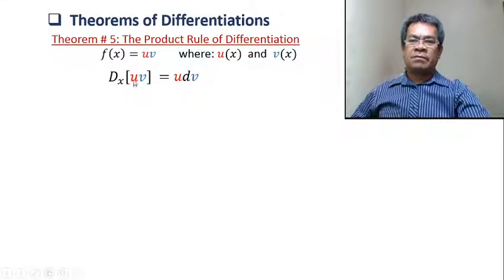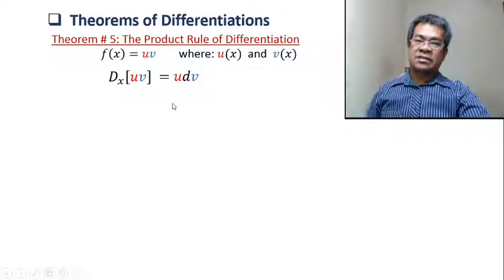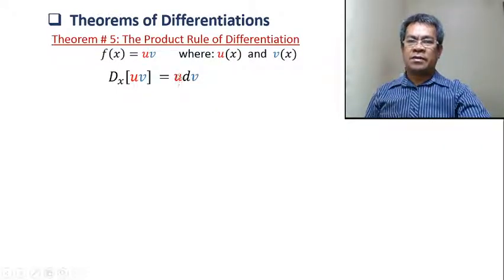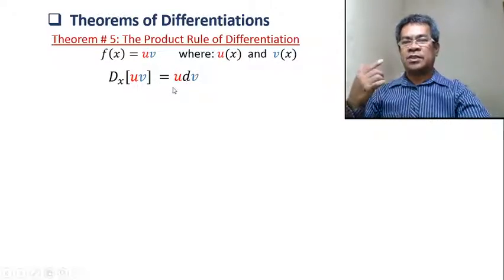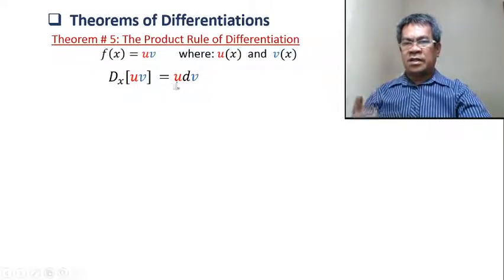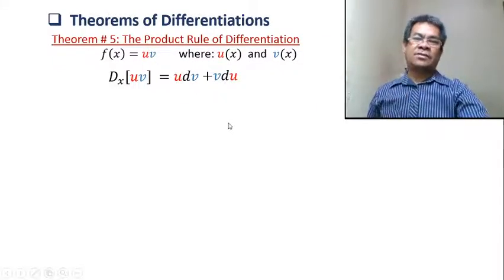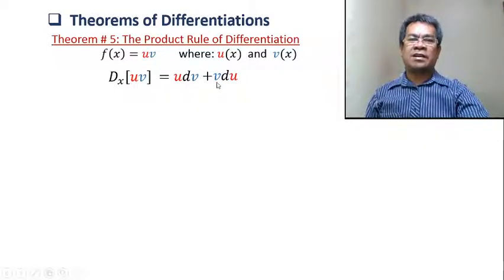So the derivative of uv is u dv, which means that you differentiate the v. Then add here, then reverse. Since we preserved the u, the next round is to preserve v, then take the derivative of u. So the derivative of uv is u dv plus v du. One at a time. But take note that each factor was differentiated.